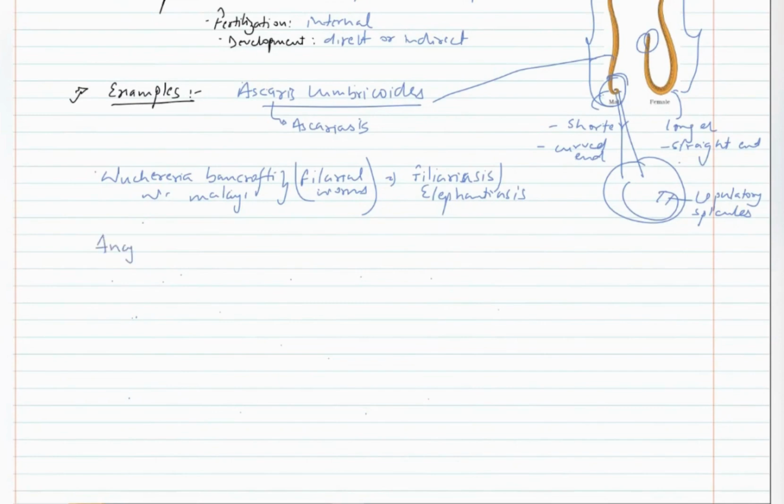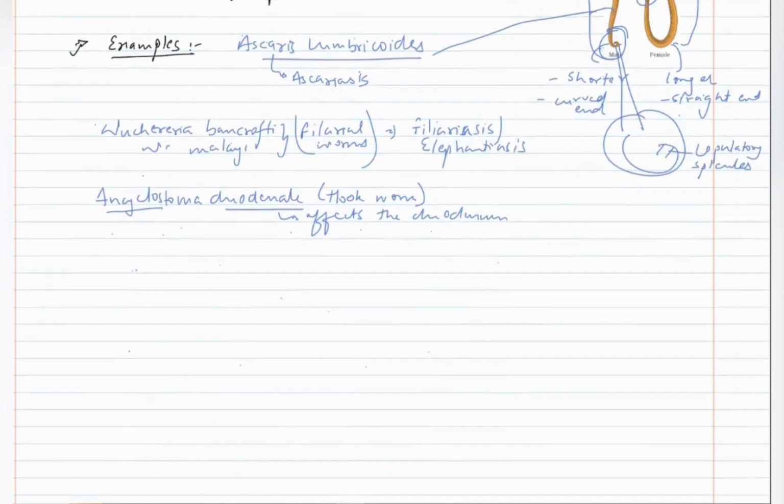Next, we have Ancylostoma duodenale, which is also known as hookworm. And as the name suggests, it affects the duodenum, which is a part of small intestine.